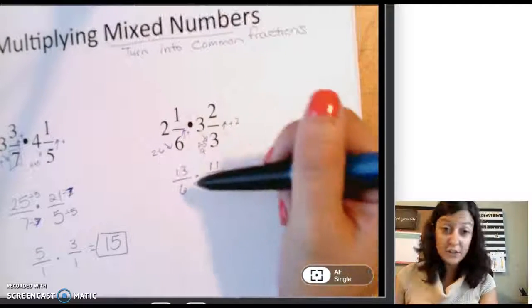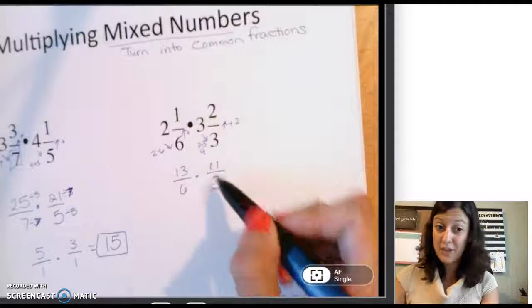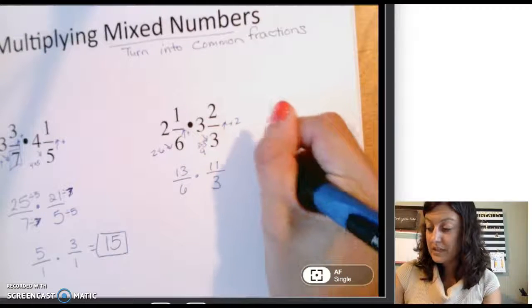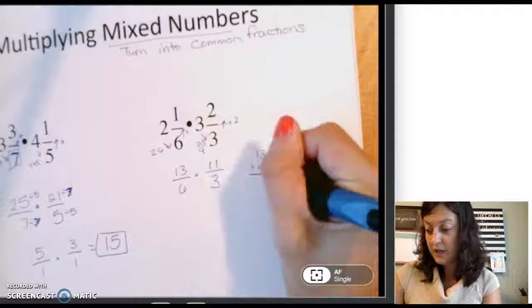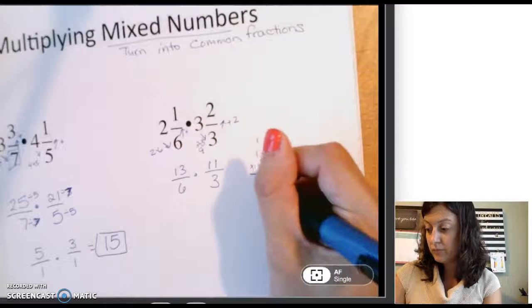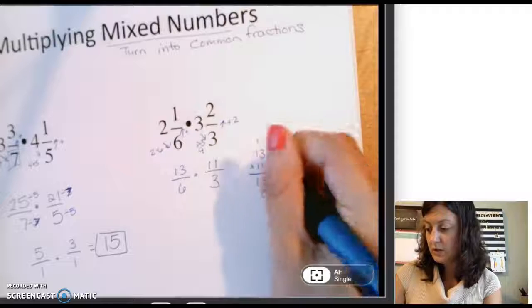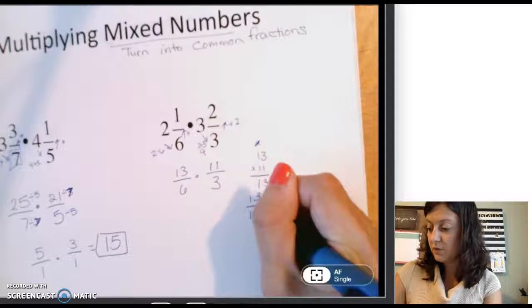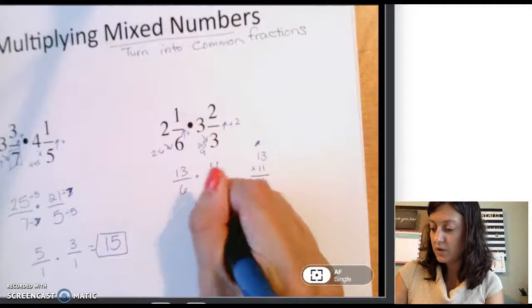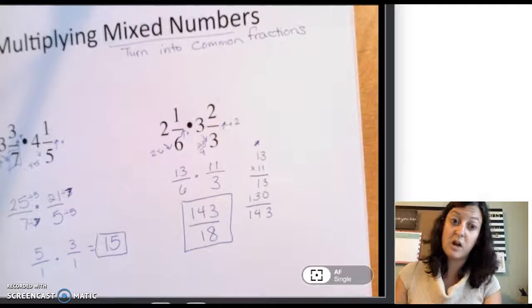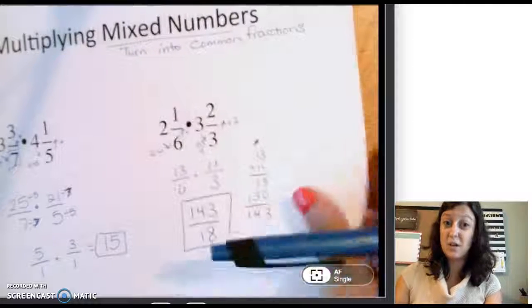There are no common factors on top of each other, and there are no common factors diagonally, so you just have to multiply across. 13 times 11, don't be afraid to do out the math. Whoops, 1, 0, what am I doing here? 3, 1, so 143. 143 over 18. And we're just going to leave it as one big old common fraction because it's nicer in algebra anyway.